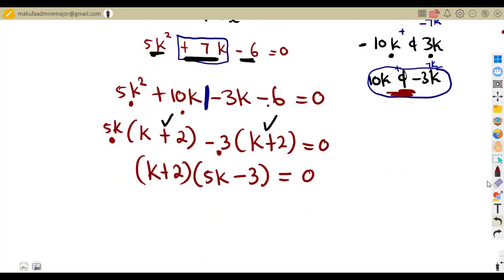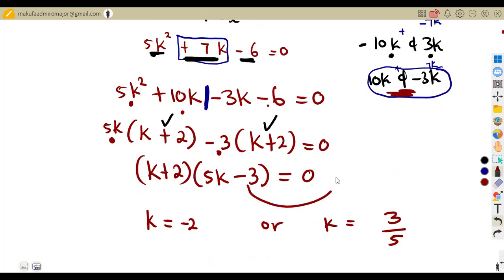Please make sure that you go back and redo your questions. From this, k is going to be negative 2 if we transpose 2 to the other side, or we transpose minus 3 to the other side and it becomes a positive 3. Then we divide by 5, which is in k, so it's going to be 3 over 5. So these are the values of k.